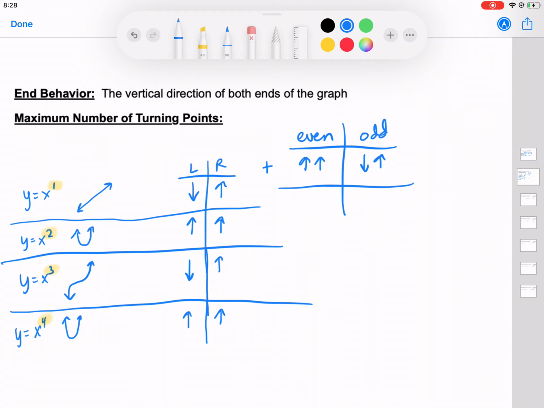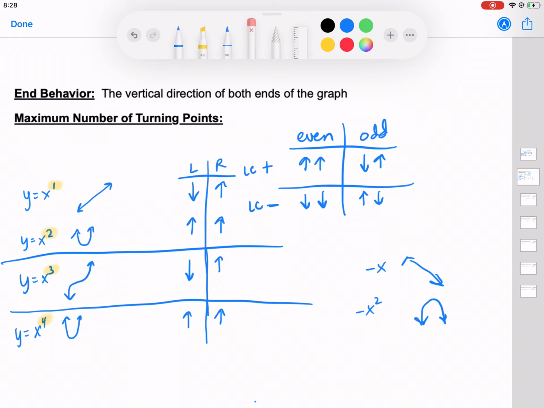If we switch these to negatives, a negative x, for instance, would mean the arrow's going down. Negative x squared means the parabola is flipped upside down, meaning the end behavior will flip directions. So that's for negative leading coefficients. Sweet. I'm going to erase that.